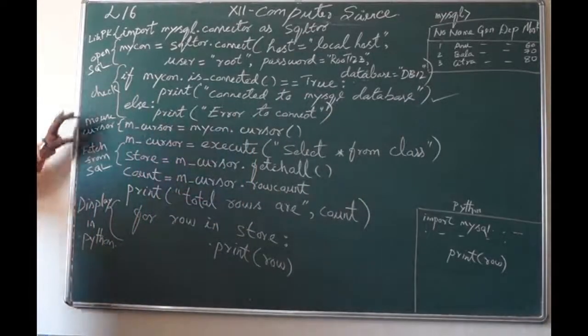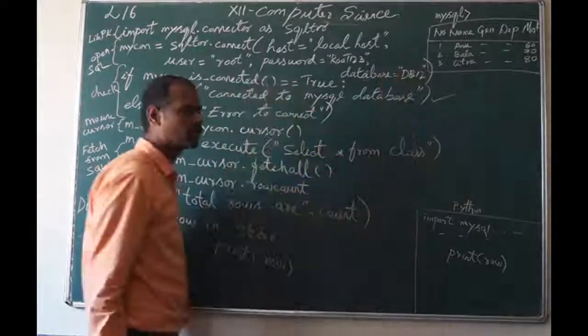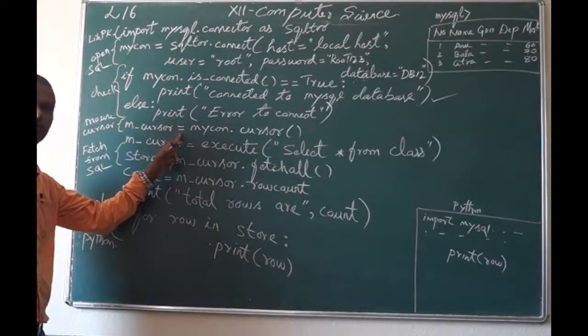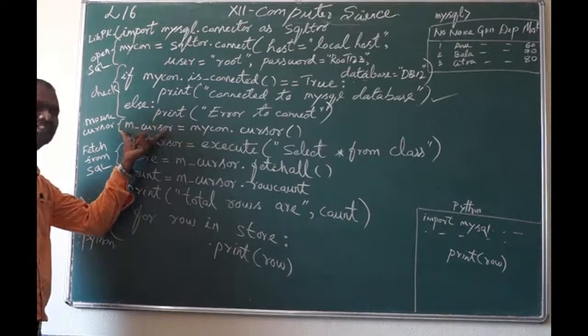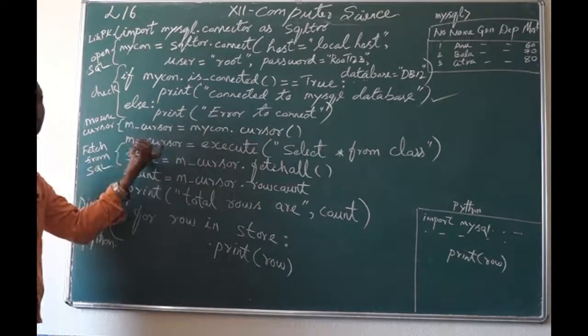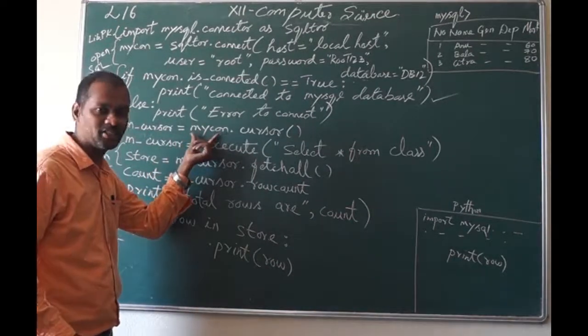Next, you have to create a mouse cursor. Then only you can go to a particular place. How to create it? m_cursor is a variable, and this is going to become a mouse cursor. How to make it? Very simple. Mycon is a connection object, right?